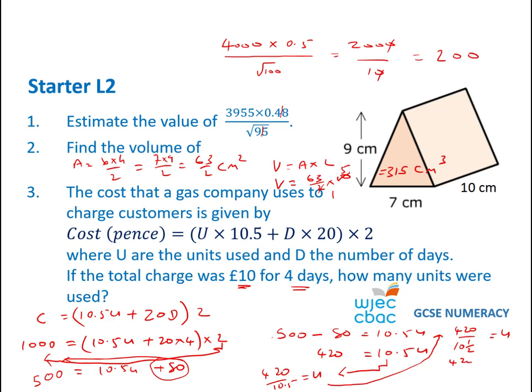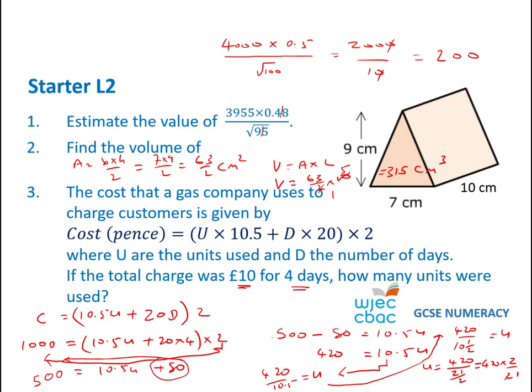So that's 420 divided by 21 over 2. Let's put U equals. And that's going to be equal to, changing the division into a multiplication, 420 times 2 divided by 21.